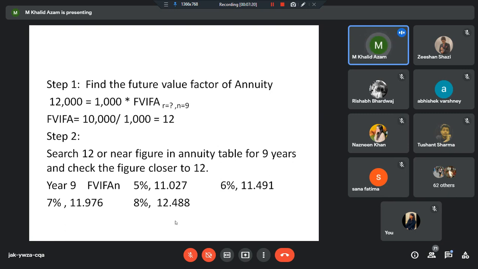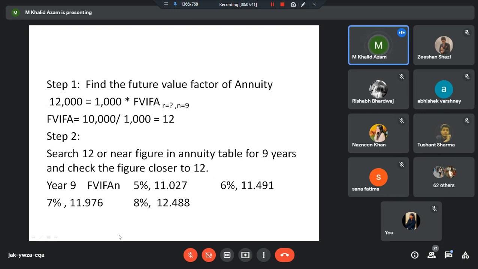So the rate of return on your deposit of 1,000 for 9 years, where you receive 12,000, is approximately a little more than 7%.